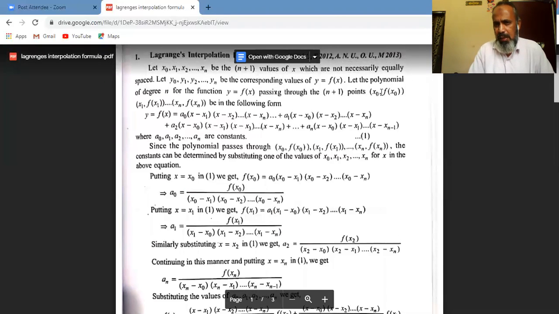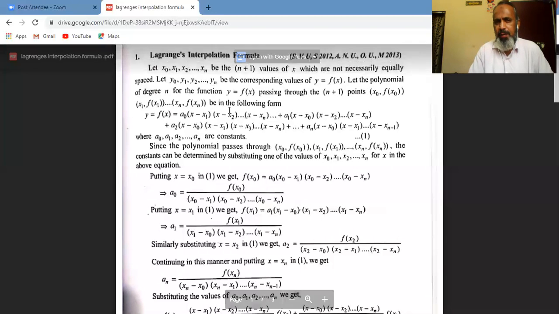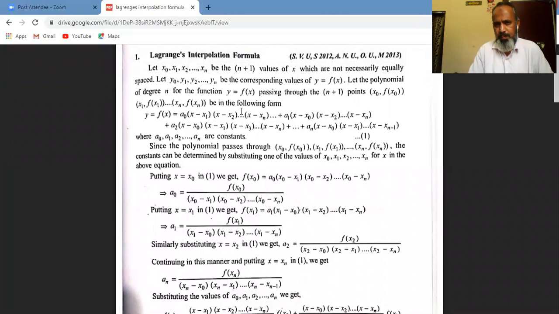So these are the n plus 1 points, and for the n plus 1 points of x, the corresponding values of y are y0, y1, y2, yn.